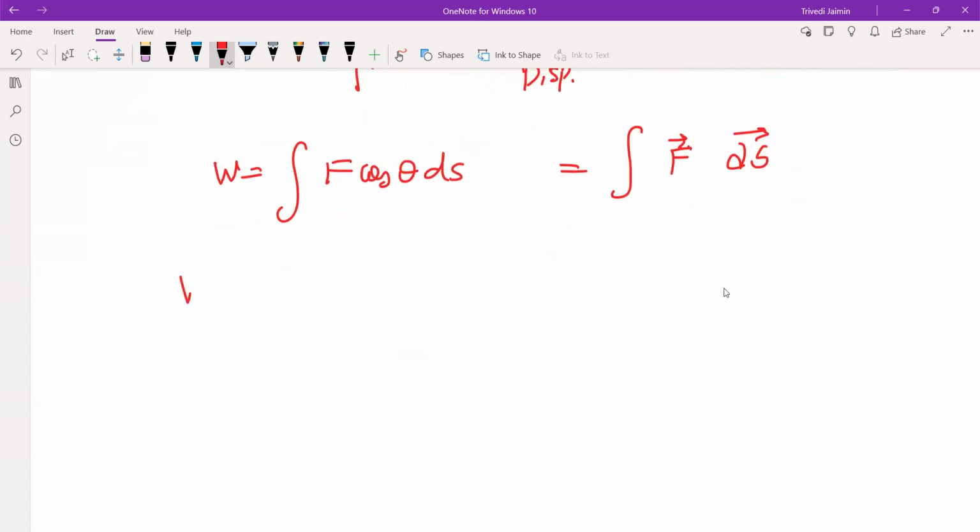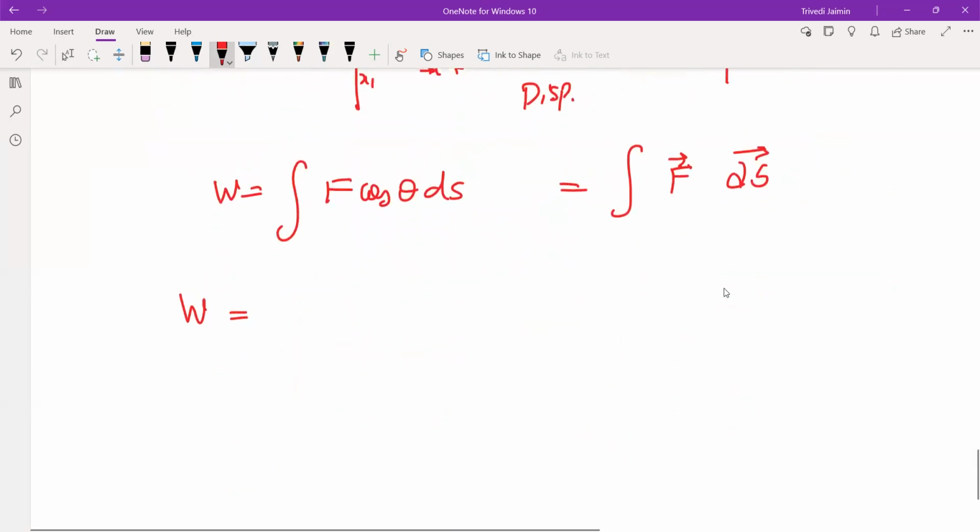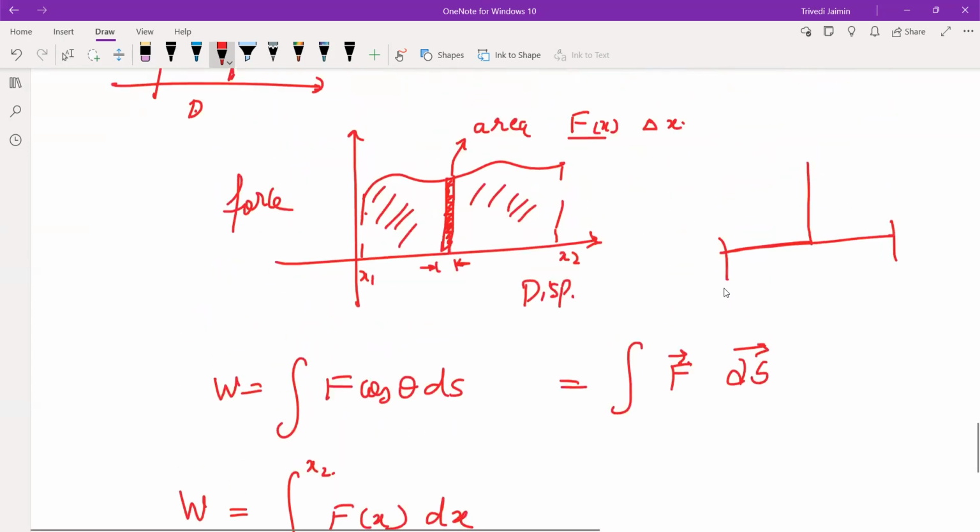So work done by this force f of x dx, limits are x1 to x2. So how are we getting this?